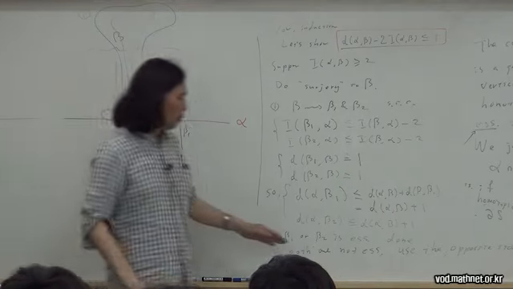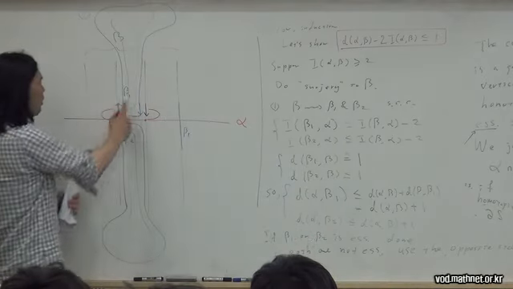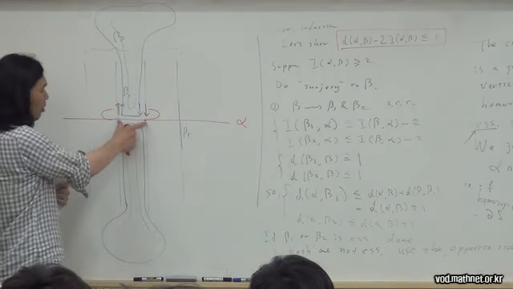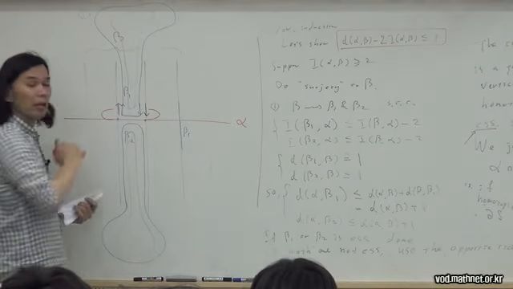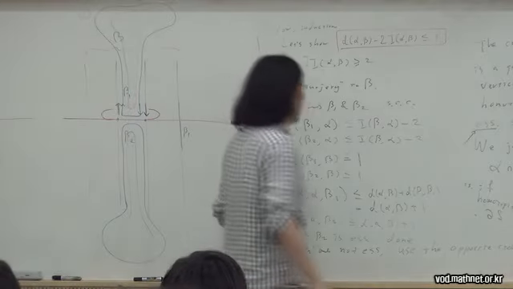If those beta 1, beta 2 are bounding a disk or boundary curve, first of all I claim the intersection points are only 2 points. Now use the other side.